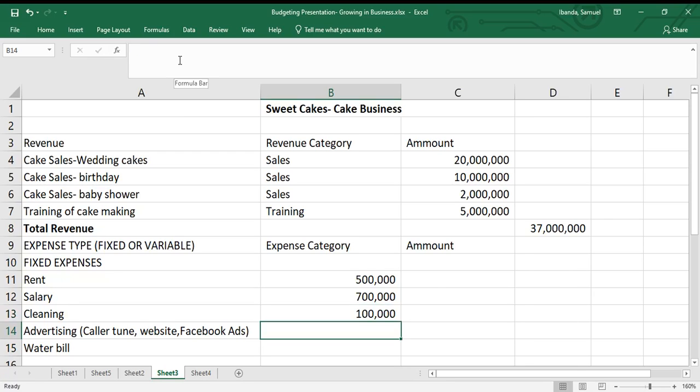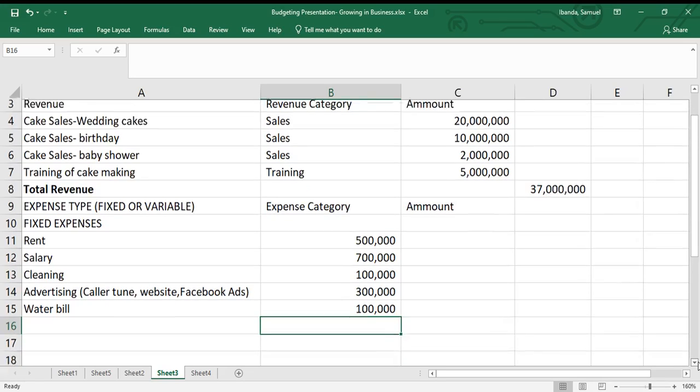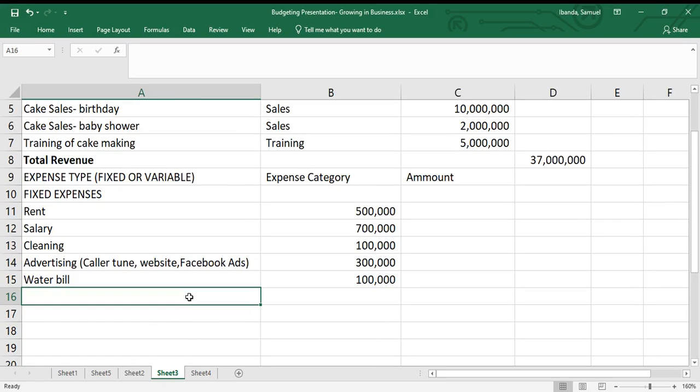And then you could have advertising, after you've accumulated them, maybe this gets to about 300,000. And the water bill, from past experience, you always spend, let's say, 100,000. That is what you might be spending on the water bill and so on.